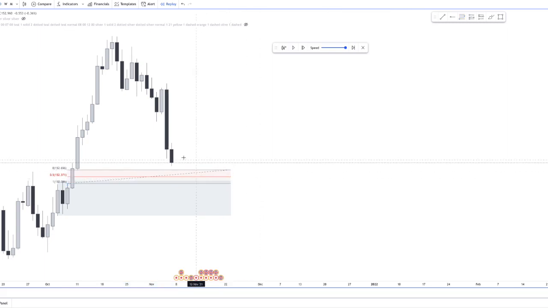So now probably the price is going to drop a little bit more to fill this imbalance or to reach this demand. So now we have two macro areas to look at for our intraday or intra-weekly analysis.